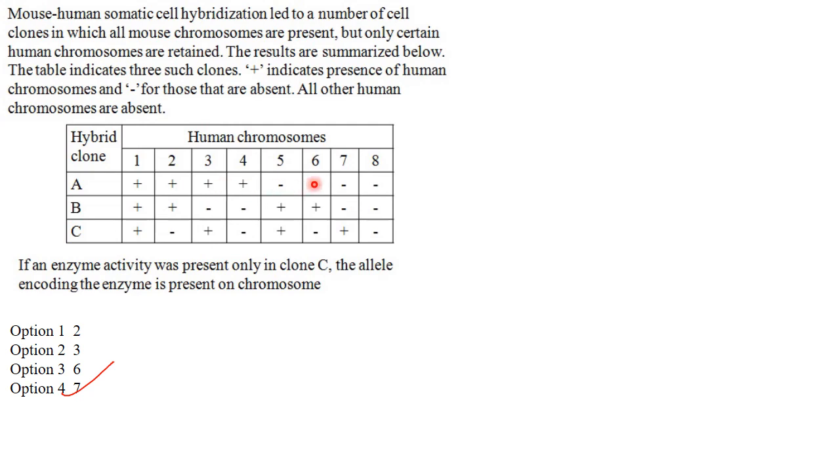Now 6, it is present only in B but absent in C, so that is also not possible. So 7, it is absent in both A and B but present in C alone. So the enzyme activity is present only in C alone. So the answer is option 4, 7.